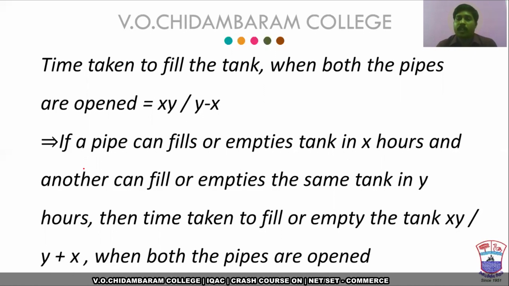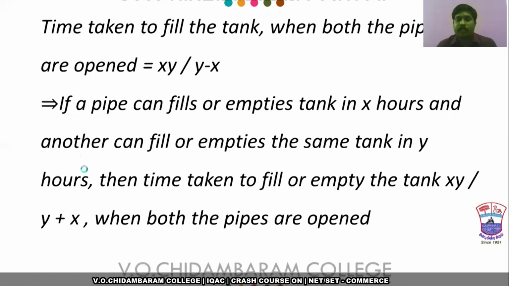If the pipes are of opposite type, which means one is an inlet and another is an outlet, then the formula is xy by y minus x. If both are of the same type, then the total time taken is xy by y plus x, since the denominator is decided by the types of the pipes.